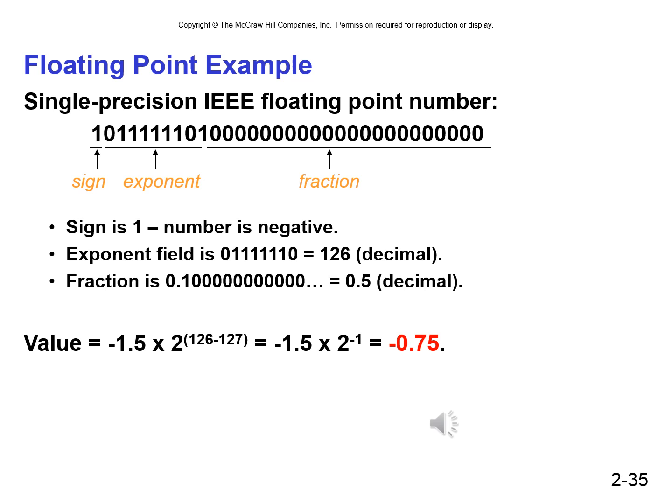And the fraction is 0.5. So we have -1.5 times 2 to the negative first. 2 to the negative first is 0.5, so 0.5 times -1.5 is -0.75. Pretty straightforward. Easy for me to say, right?